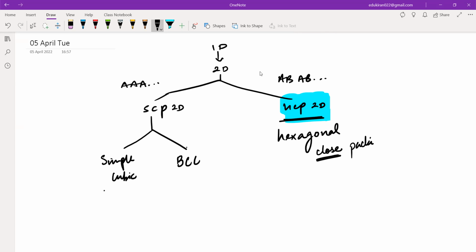If I compare simple cubic and body centered cubic, which is better? If I compare simple cubic and BCC, which is better solid? Look at the packing efficiency and then answer. Yes, Salman, correct. I'm looking for more answers.